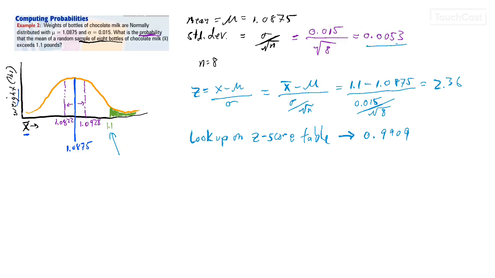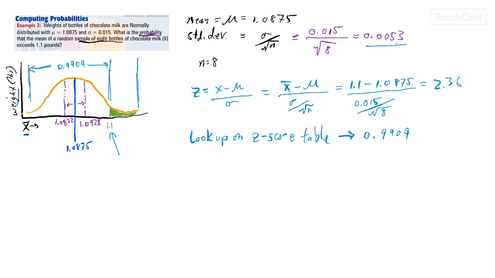Now this 99.09% is actually the probability of it being less than. So we're looking at this probability here, 0.9909. What we need to do is look at this piece right here.